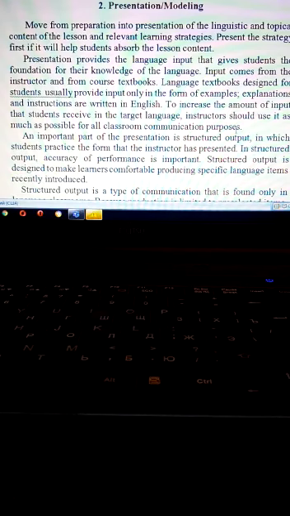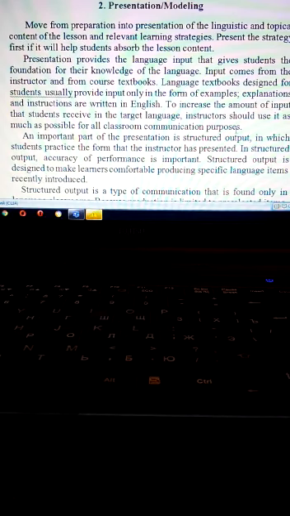An important part of the presentation is structured output, in which students practice the form that the instructor has presented. In structured output, accuracy of performance is very important.